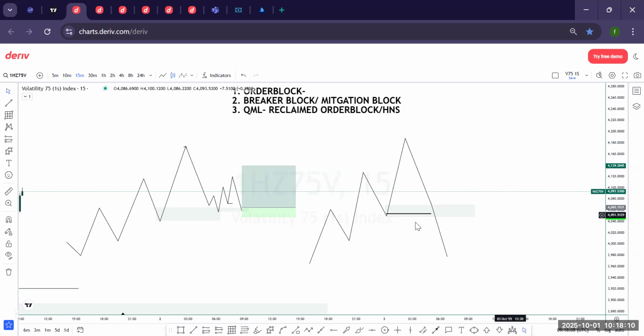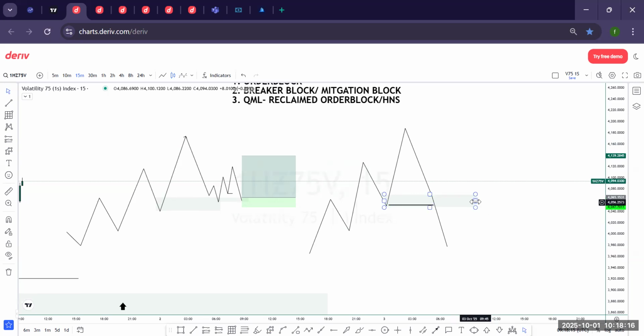Now, whenever you have this breaker block, before you take this entry, remember this is now a breaker block. For you to take a trade, if it gives you an inducement, fine. If it doesn't give you an inducement, as long as you can spot liquidity or a fair value gap, it's a valid POI.